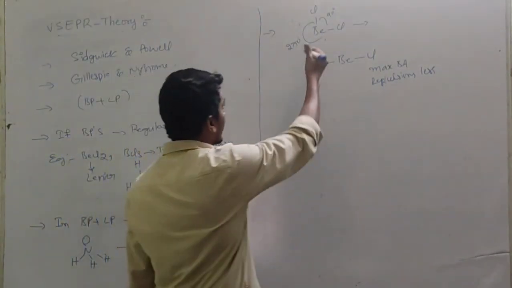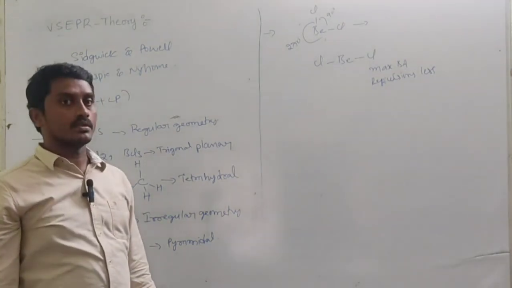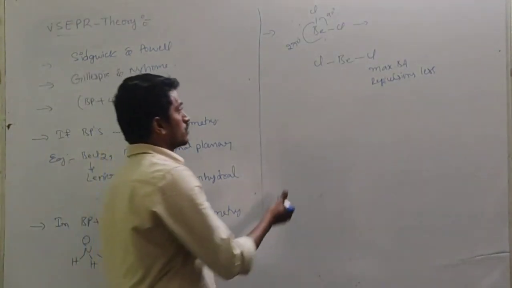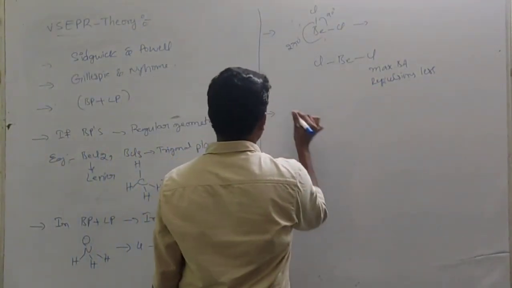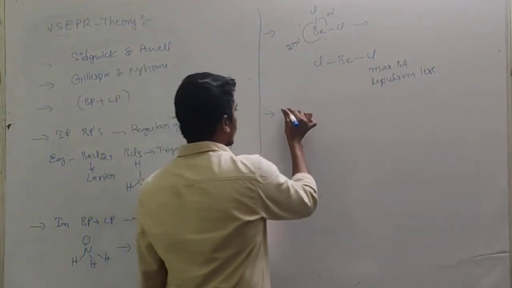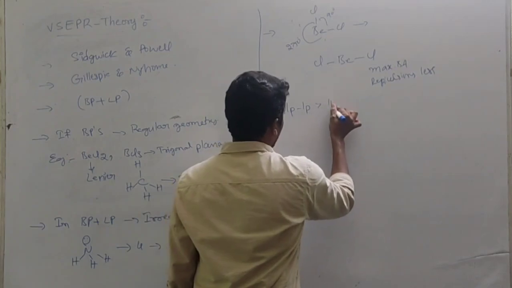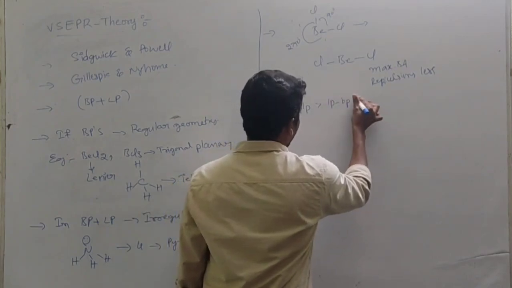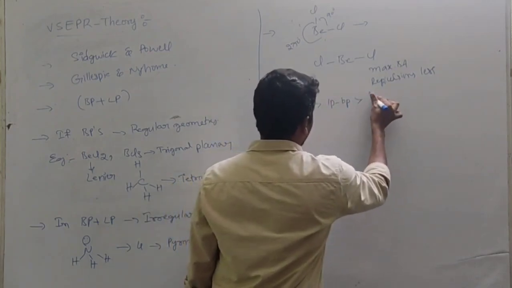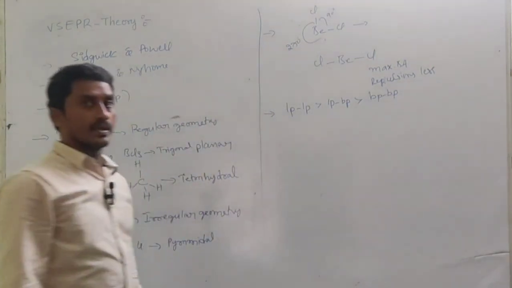So like this, bond pairs exist around in space with the maximum bond angle. Among the repulsions between electron pairs, lone pair repulsion will be more than lone pair bond pair repulsion, and the least repulsion is between bond pair electrons.